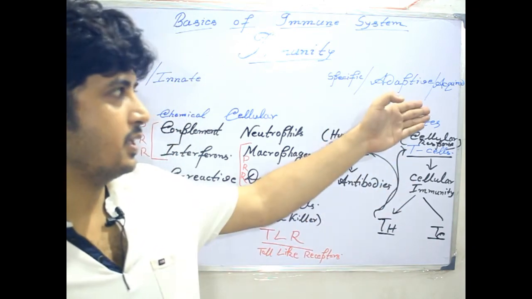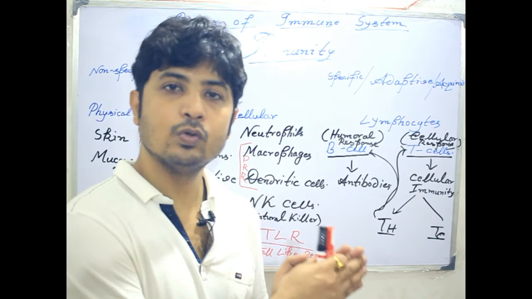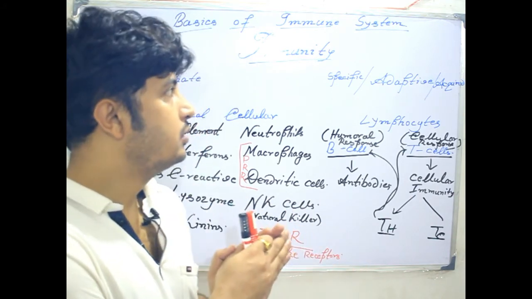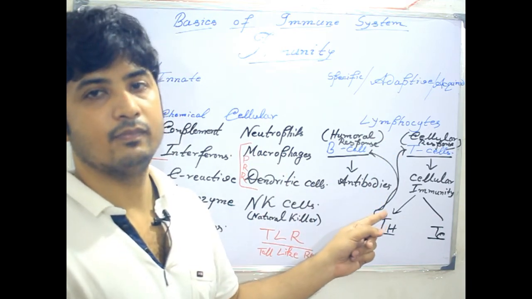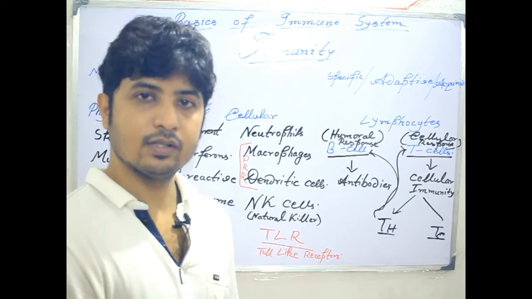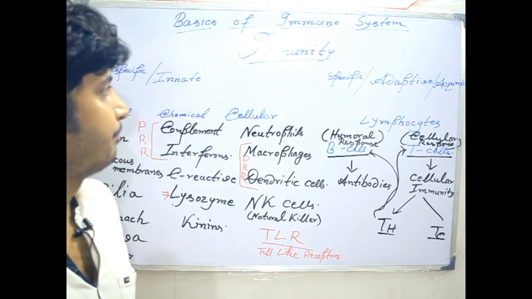And acquired means our body does not recognize those pathogens from birth. Those pathogens are made known to them by this kind of cellular response, that this is the pathogen, and they work on three principles.